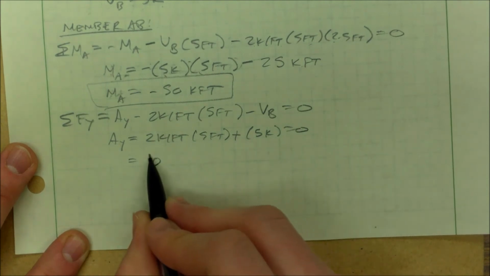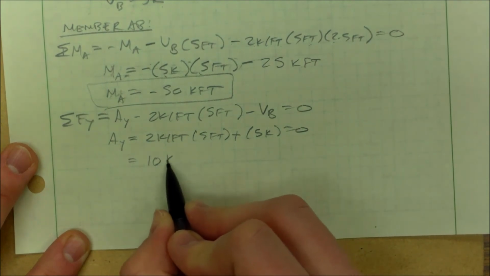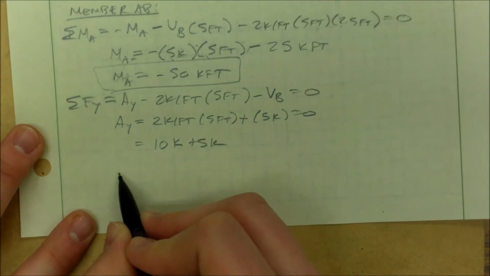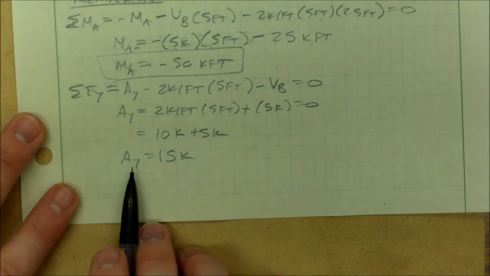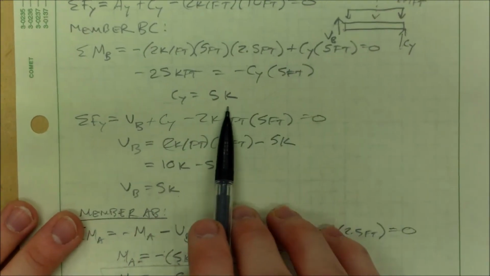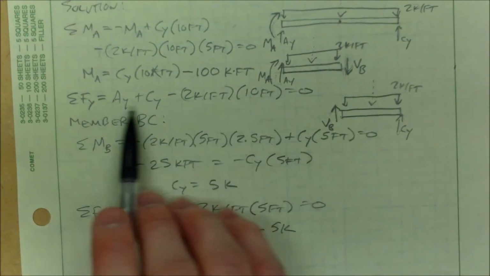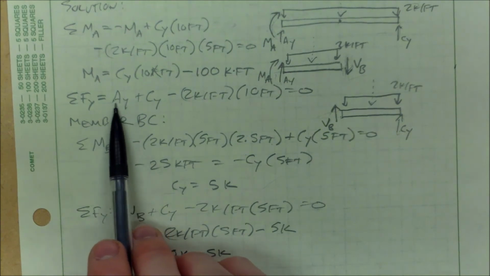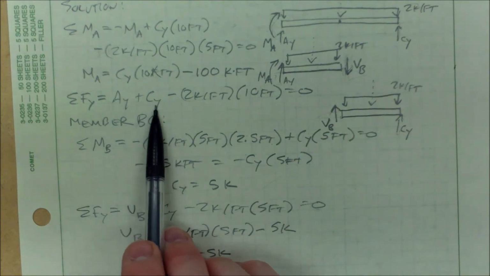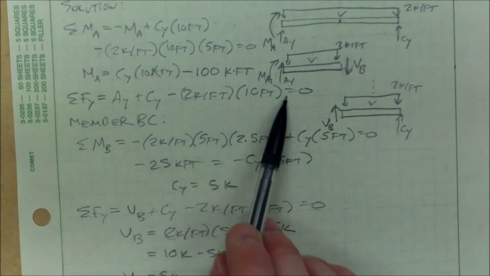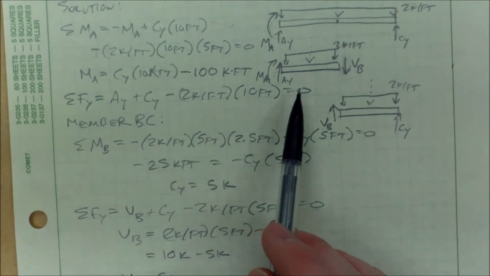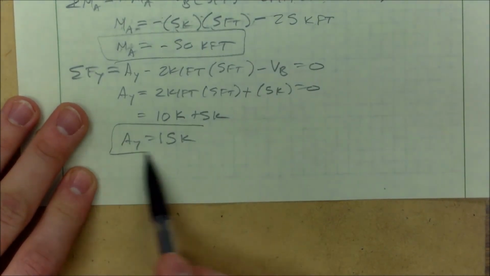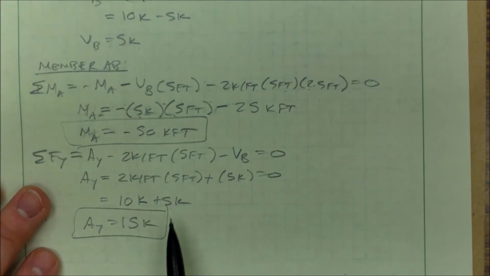Oops, that should be a plus. 10 kips plus 5 kips. AY equals 15 kips. And let's see what would happen if I put CY into my second equation up here at the top. I have AY plus 5 kips minus 20 kips. If I put that on the other side, I get AY equals 15 kips, which is exactly what I got. So that would be my answer.